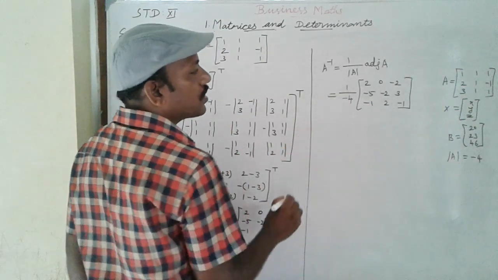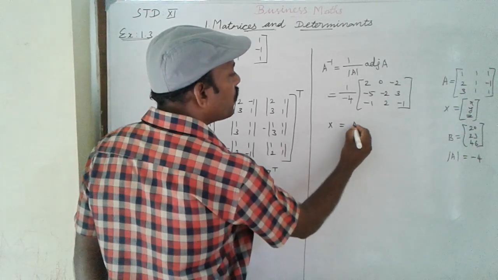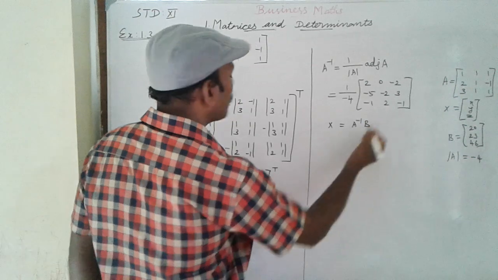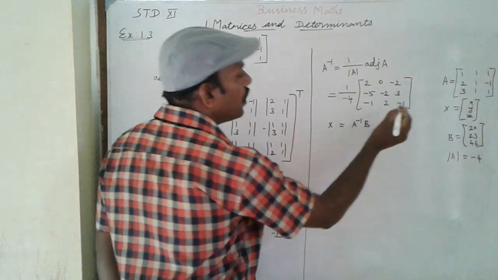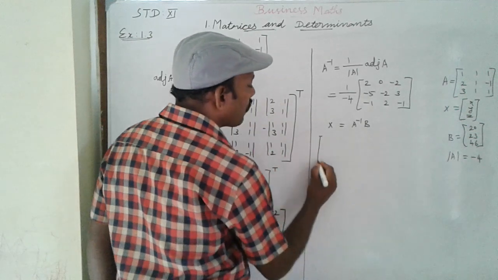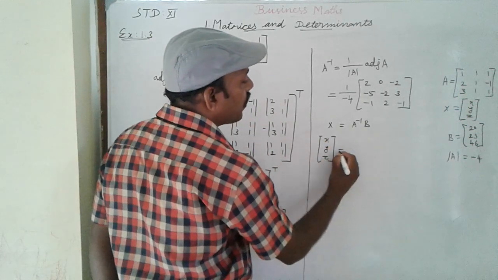It is A inverse. We know that X equal to A inverse B is the formula. We should substitute this value. X is x, y, z.